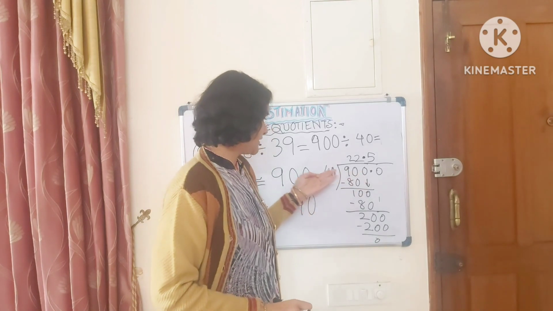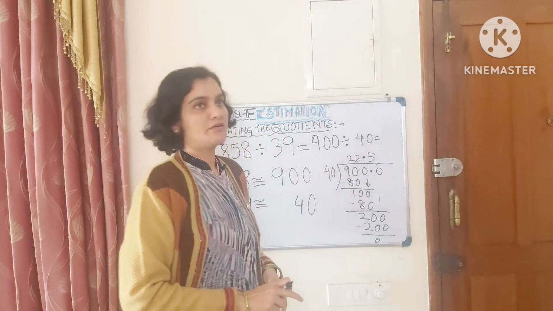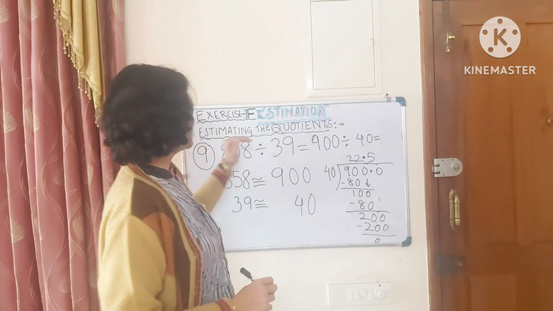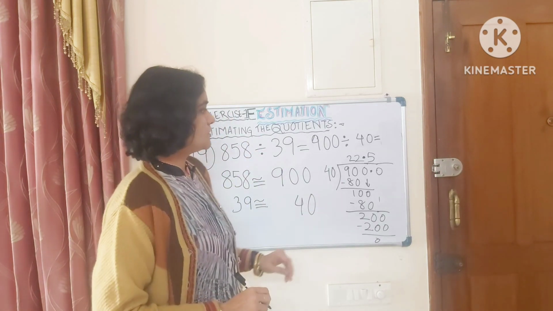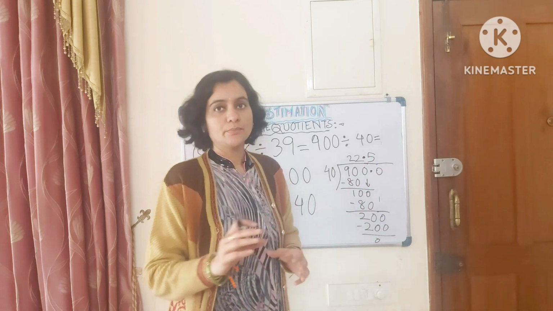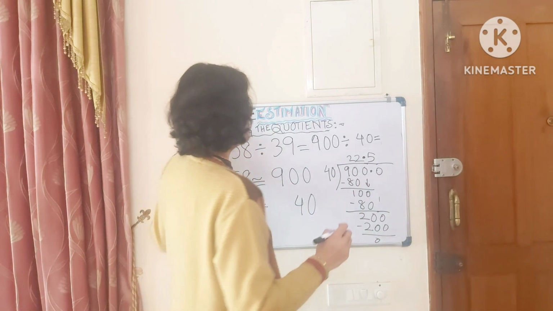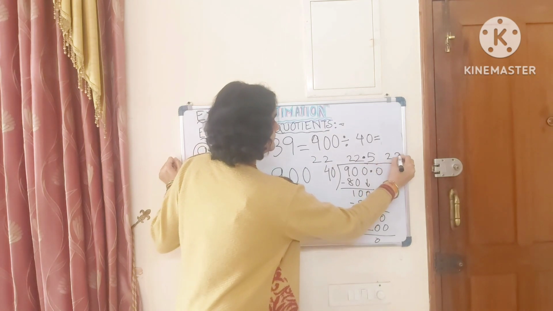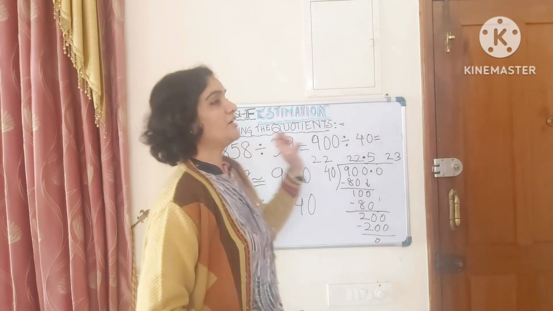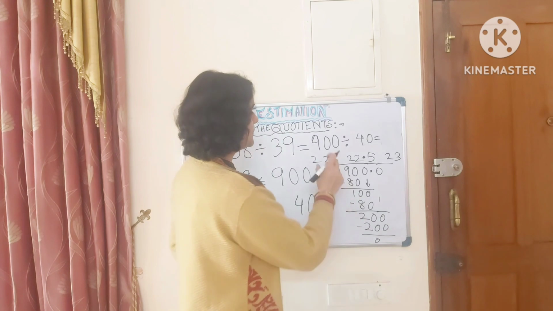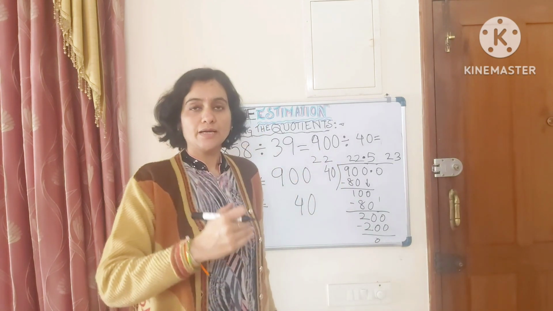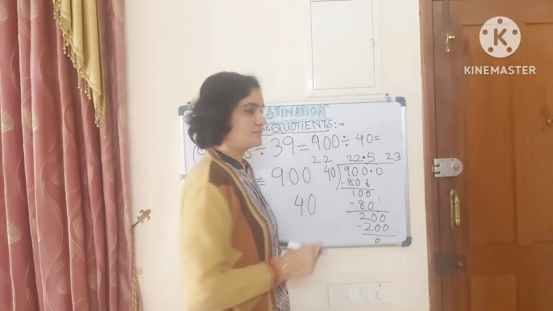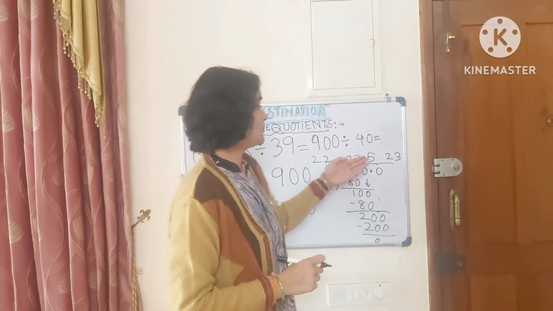So we got 900 divided by 40 as 22.5. But do we need to write 22.5? No. We need to estimate the quotient. So if I estimate 22.5, will it be 22 or 23? It is 22.5. If it were 22.1, 22.2, 22.3 or 22.4, then it would become 22 on estimation, but it is 22.5.